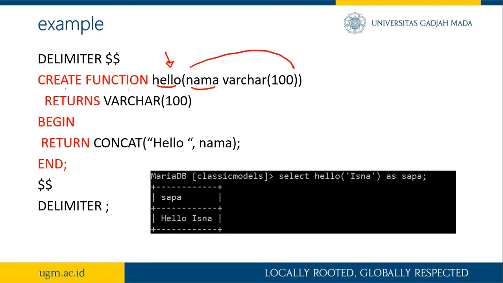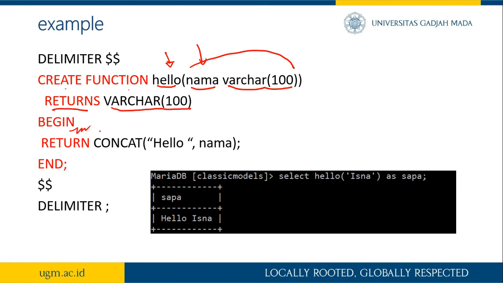The type is varchar 100, and it returns data in the form of varchar. So the input is here and it returns varchar. Begin.